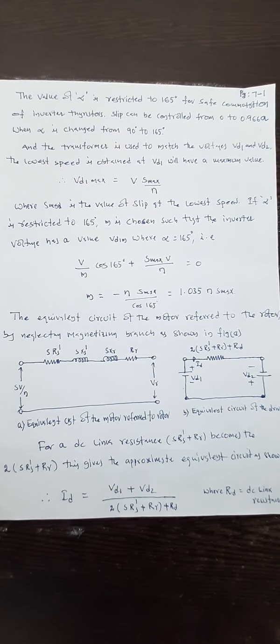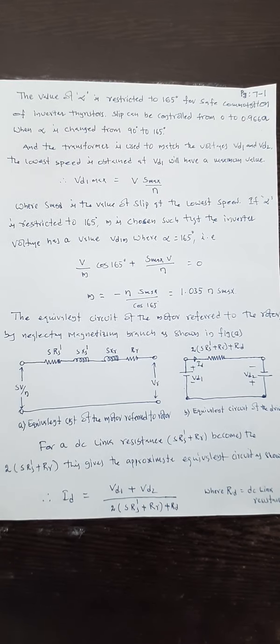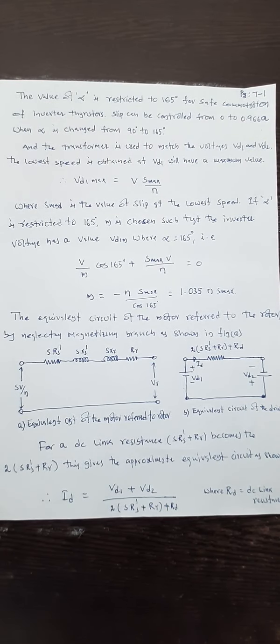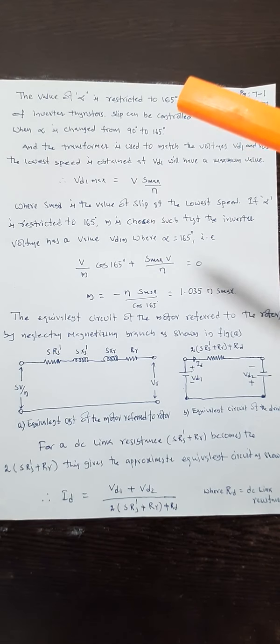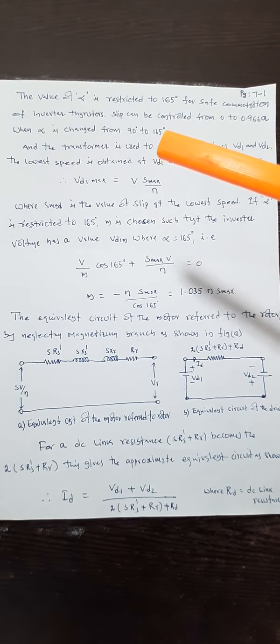You can observe from the equation that the maximum Ed1 is 3 root 6 by pi times s V by n.